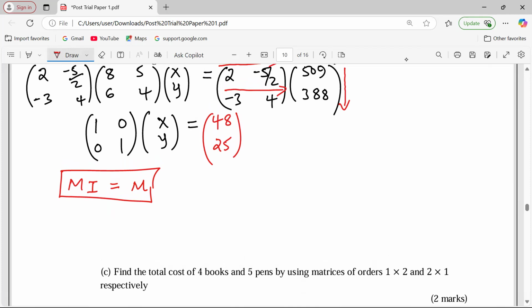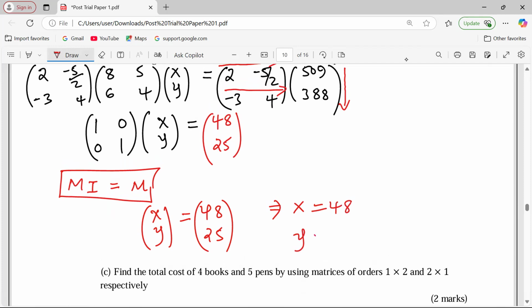So the variables matrix XY multiplied by the identity matrix just remains the way it is. And this now can lead us to conclusion that X equals to 48, Y equals to 25. Kenya shillings, of course.